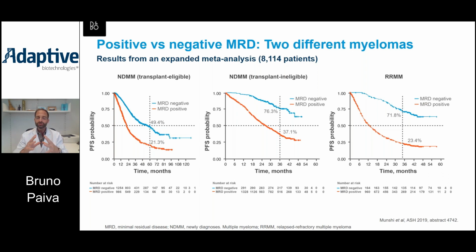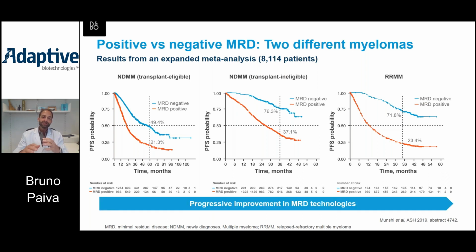Beyond the fact that follow-up is not the same, this slide is illustrating the fact that in patients with transplant eligible myeloma, where MRD started to be analyzed, it was analyzed using low sensitive techniques, whereas in transplant ineligible and in relapsed refractory myeloma, MRD data is more recent and obtained mostly with next generation tools, which are much more powerful in determining MRD, as Lanny acknowledged before.